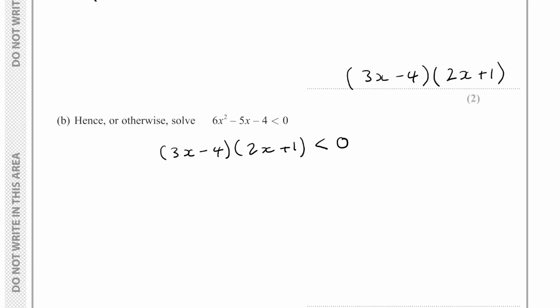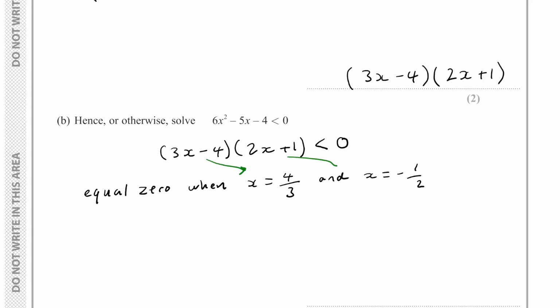So what makes the first bracket 0? When the first bracket is 0, x would have to be 4/3. And what makes the second bracket 0? x would have to be -1/2. So that's what makes each of the brackets 0.